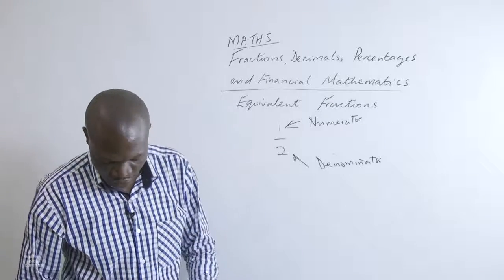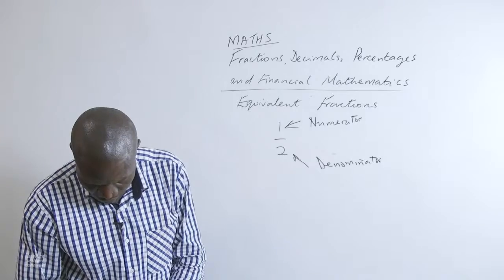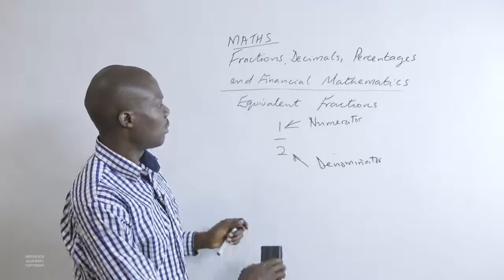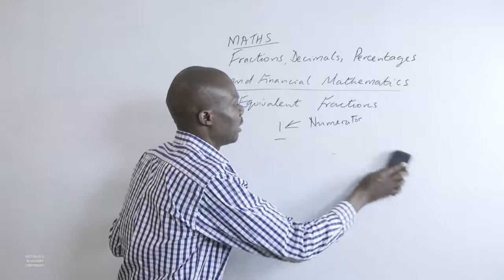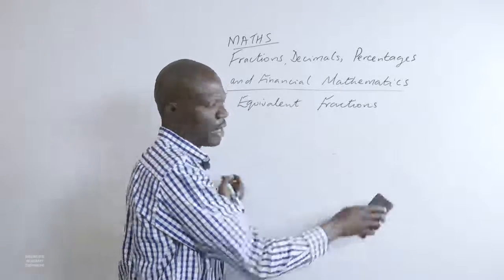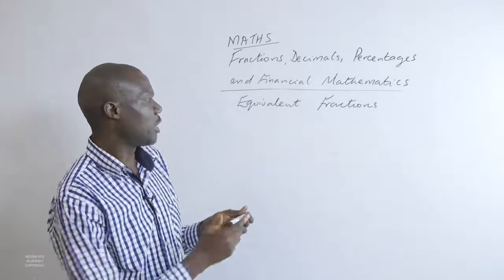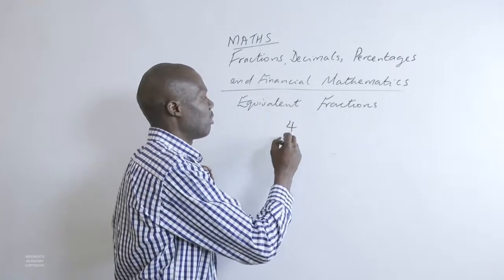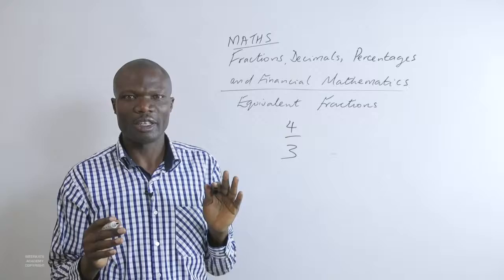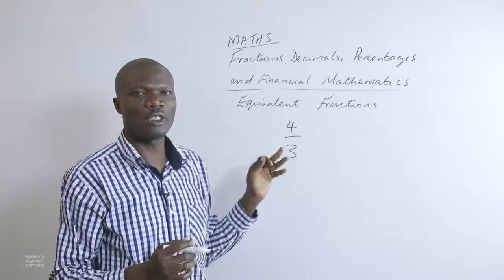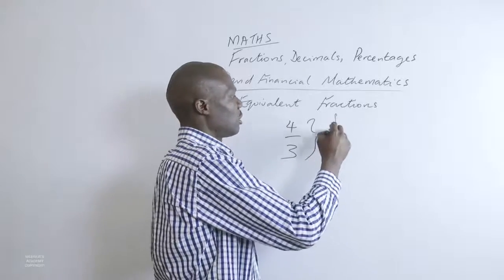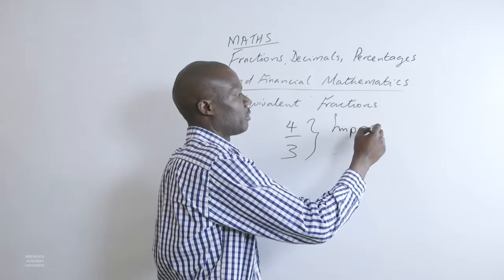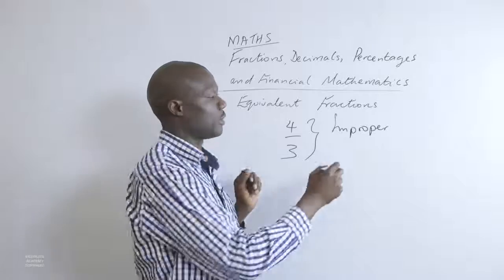This is a fraction. Now, when you have a fraction where the numerator is greater than the denominator, like in this case 4/3, then this one is called an improper fraction.